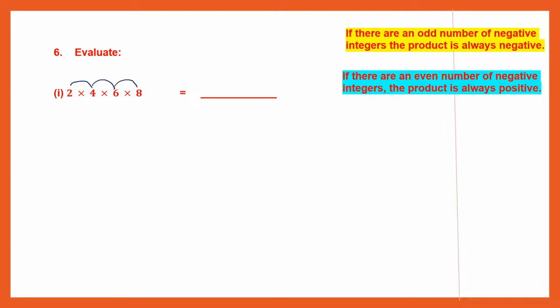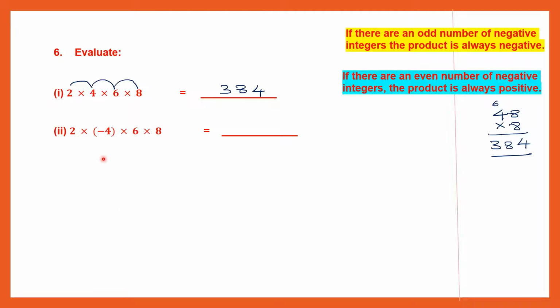Now 48 into 8: 8 8s are 64, carry 6. 8 4s are 32 plus 6 is 38. So 384. Since they're all positive numbers, the answer is also positive 384.